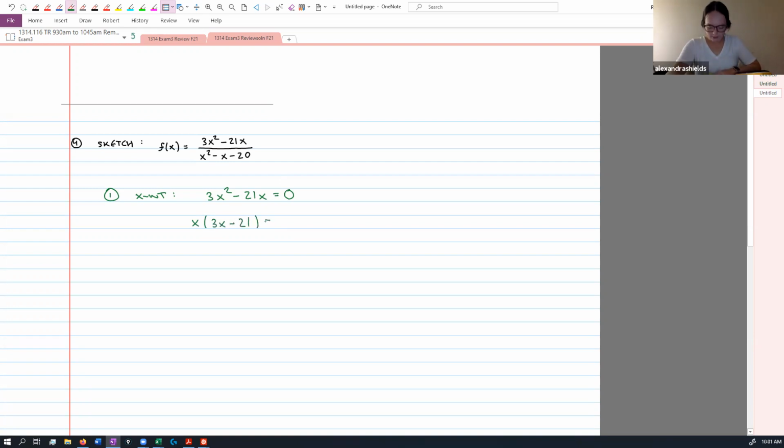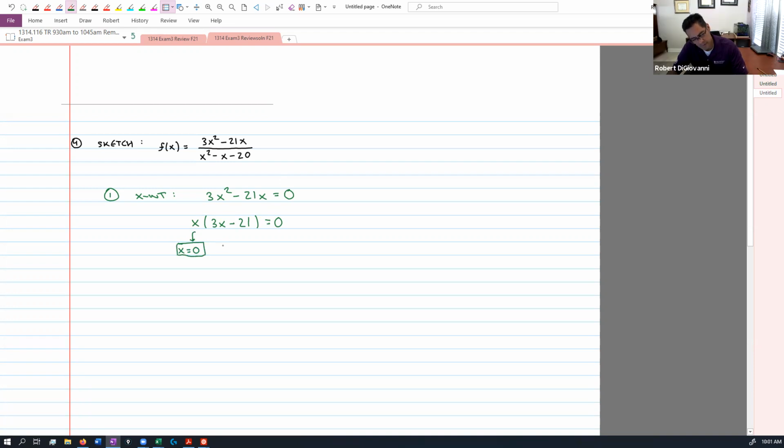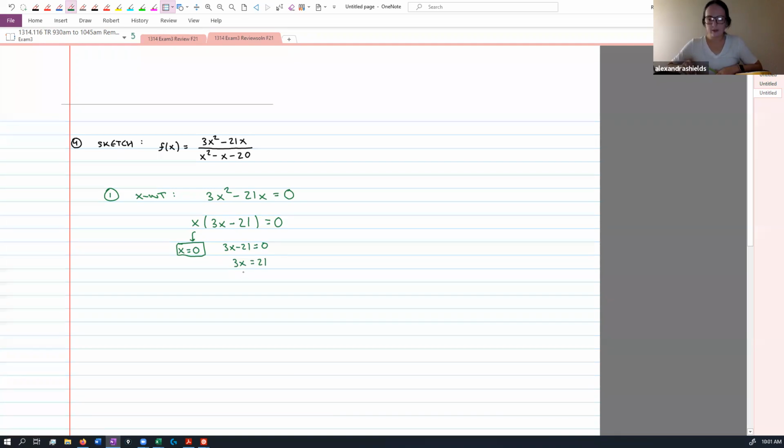And then for the first x that I factored out, I set that equal to 0. Oh, so technically there will be 2. So there will be 0. Good, yes. So that I set to 0, and then I had 3x minus 21, and then just worked that out to get x by itself. Good, and you got x is 7. Yes. Good. Okay, that works.